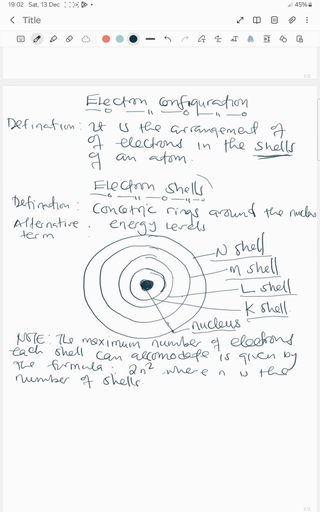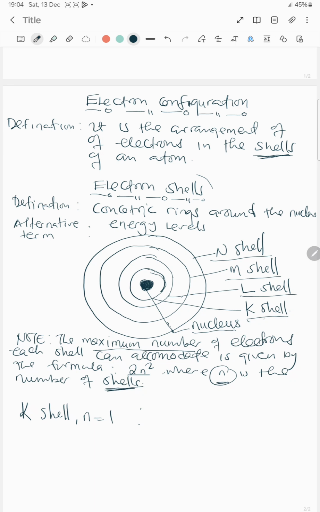So note the maximum number of electrons each shell can accommodate, meaning can have, is given by the formula 2n to the power 2, where n is the number of shells.